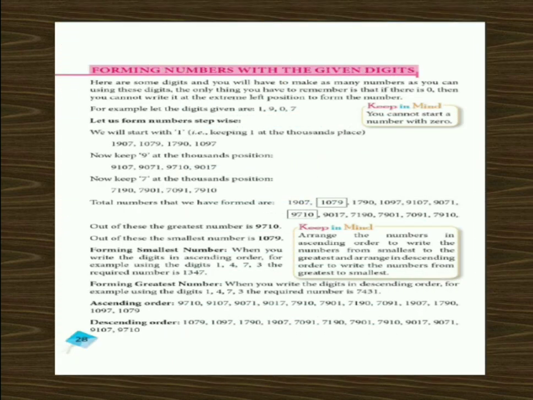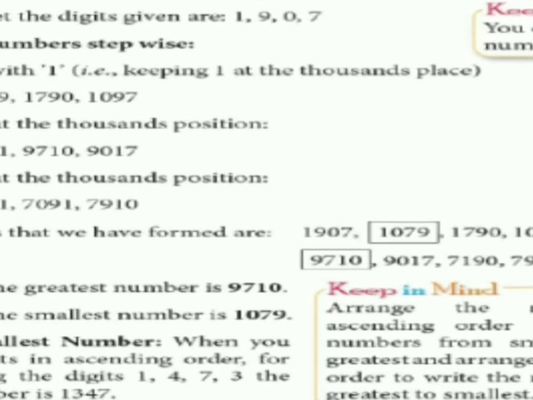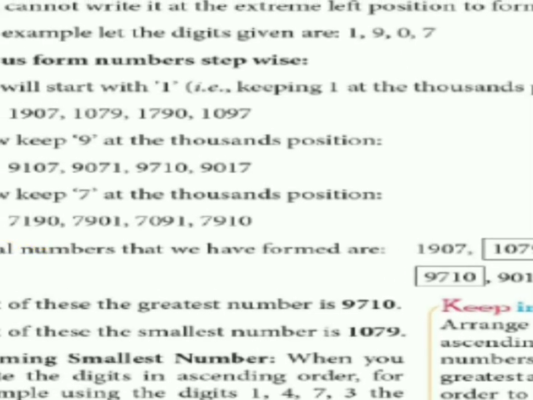Now this is the example of forming numbers. With one number you can form different numbers, like you can change the place value of each digit and form another number. As you can see, with one number like 101907, they are making so many numbers like 1907, 1079, 1790 and 1097.